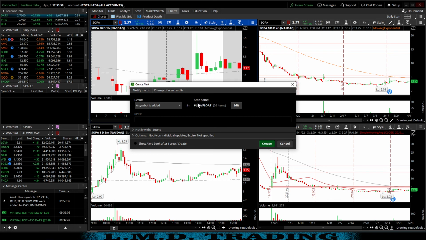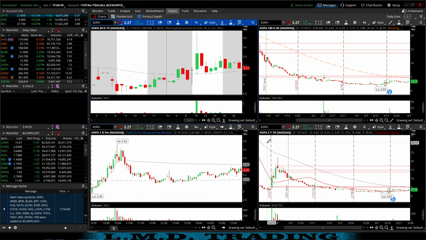So whenever a symbol is added to your low float watch list, it's going to alert you and put it in this message center. So we'll click create. We just got alerted and it's telling us that it added all of these symbols, because it did just add them. But when the market is open, when it adds one, it will alert you and tell you that it added that one.